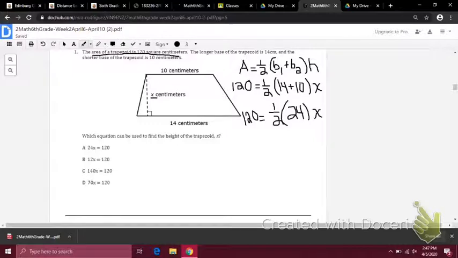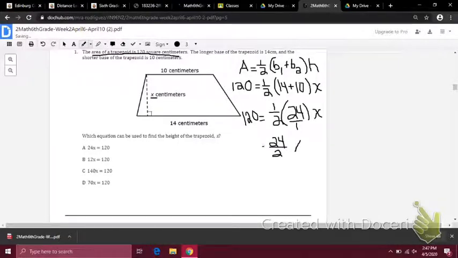What is 1/2 of 24? If you don't know, you can turn this into a fraction and multiply these two. So 1 times 24, this is doing it a little bit longer way, is 24 divided by 2 times 1, which is 2, and then bring down your x.